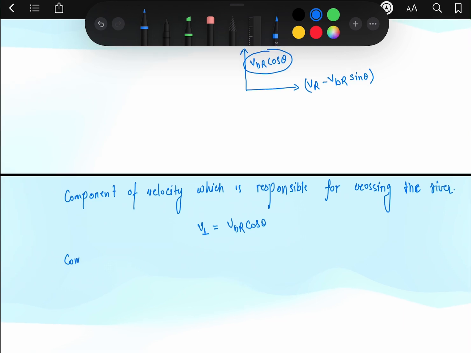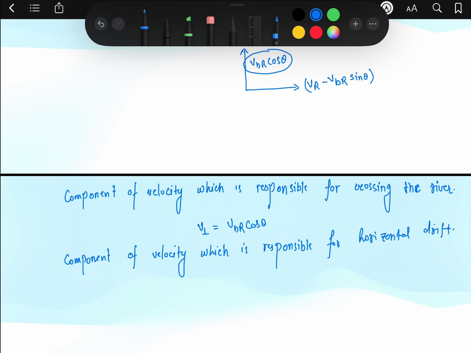The component of velocity which is responsible for this horizontal drift, we can write as V horizontal, and that will be equal to Vr minus Vbr sin theta.